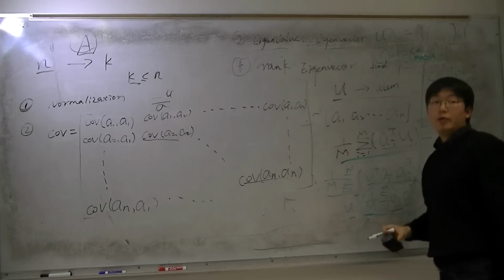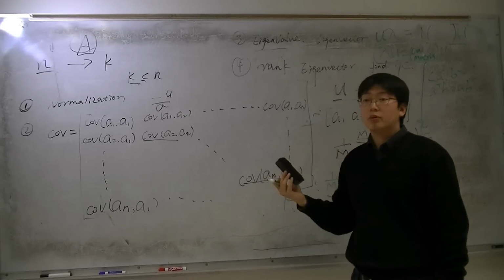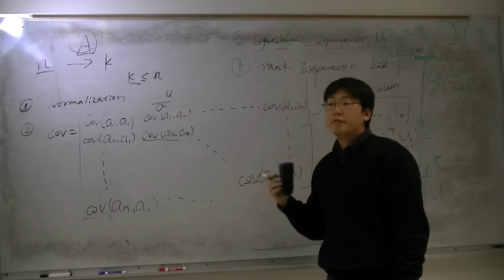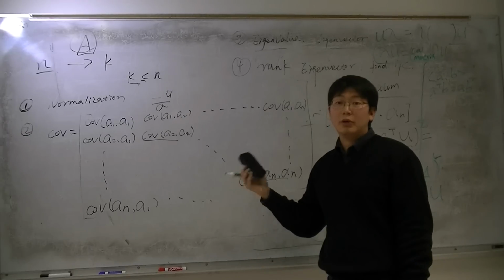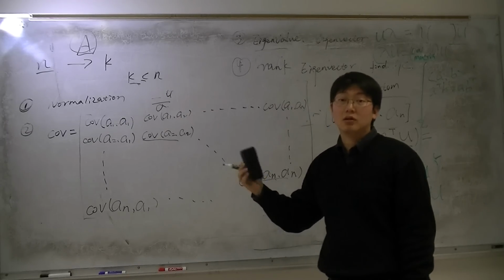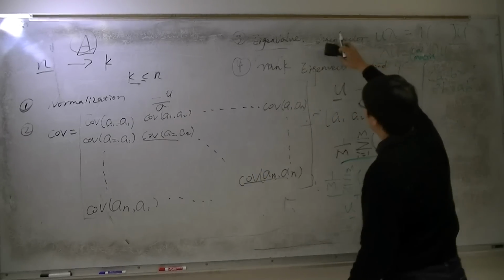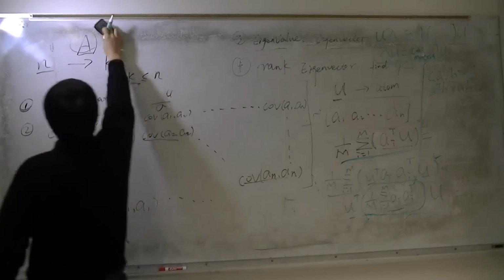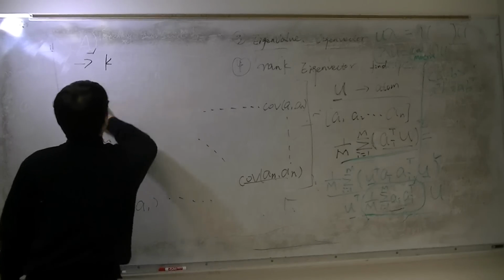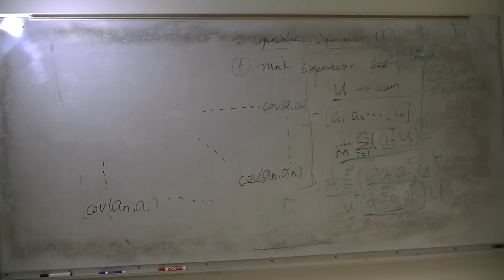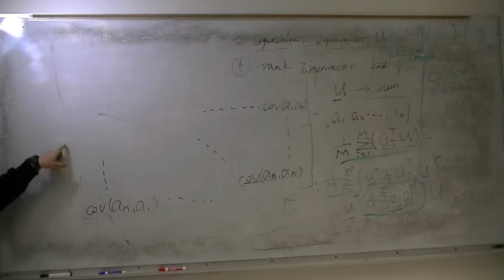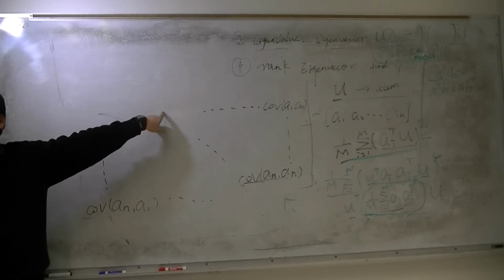And the next one I want to prove: as we know in the PCA method, when we find key features, actually every feature is orthogonal. So I want to show why it is orthogonal. From this covariance matrix, actually it is kind of special since it is a symmetric matrix. Covariance A1, A2 equals covariance A2, A1.